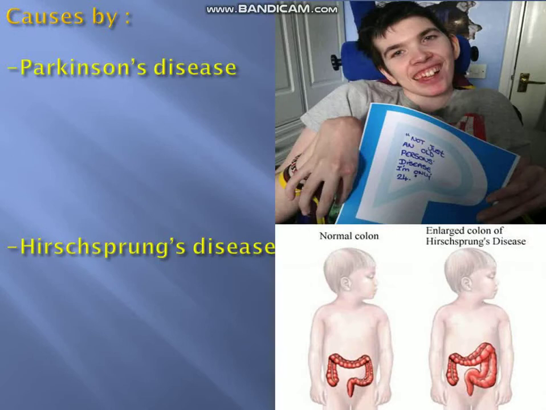Hirschsprung's disease is a congenital disorder of the colon in which certain nerve cells, known as ganglion cells, are absent, causing chronic constipation. The lack of ganglion cells in the myenteric plexus, which is responsible for moving food in the intestine.